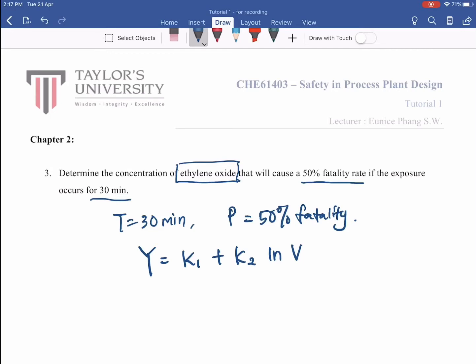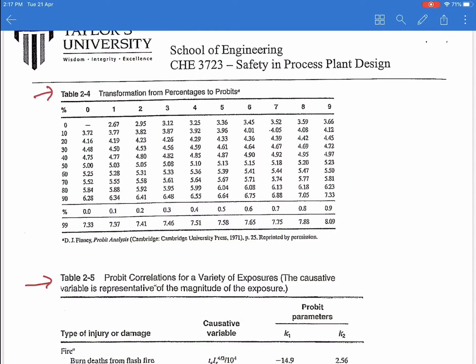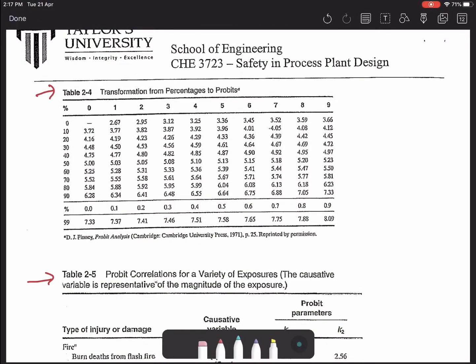So the Y value we can get from Table 2.4 at P equals 50%. So let's take a look at Table 2.4. So here we are. These are the P values.